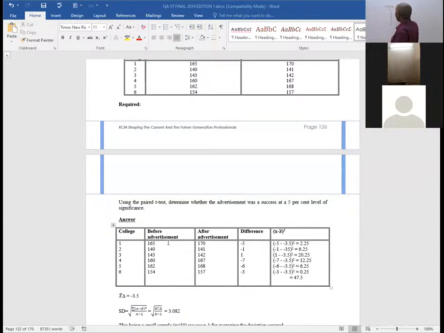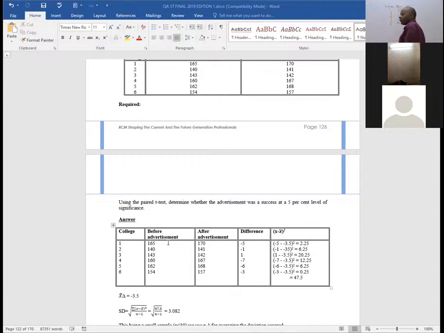And then we have here before advertisement versus after advertisement. Before advertisement, we have 165, 140, 143, 160, 162, 154.